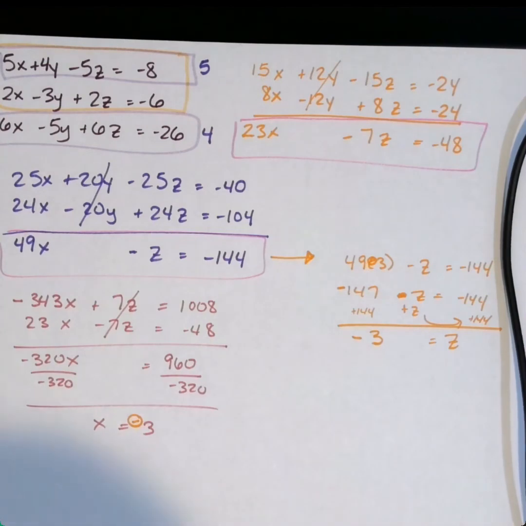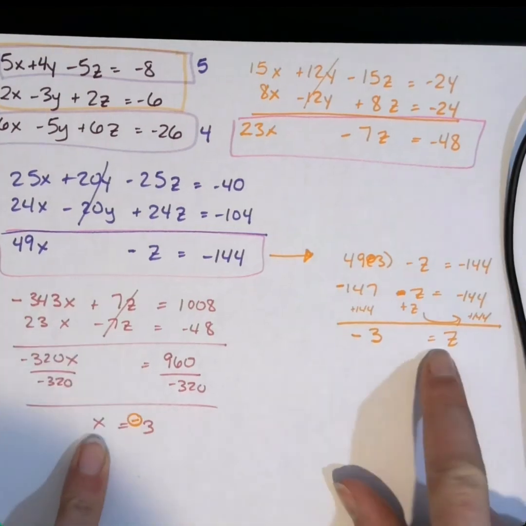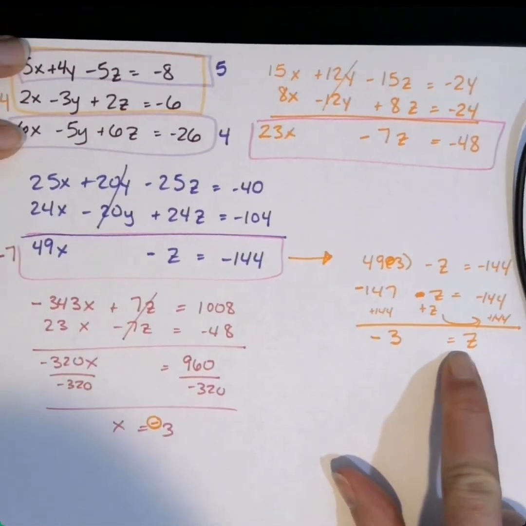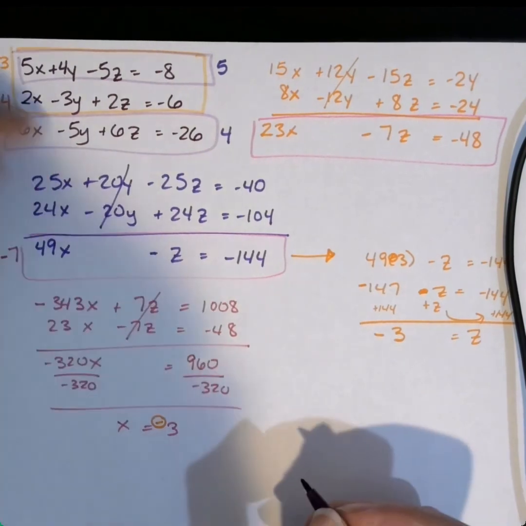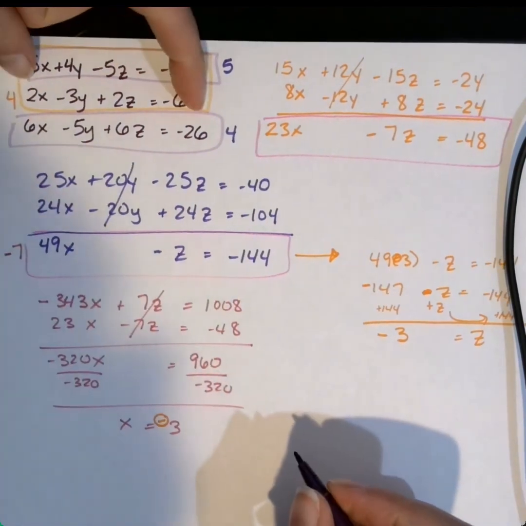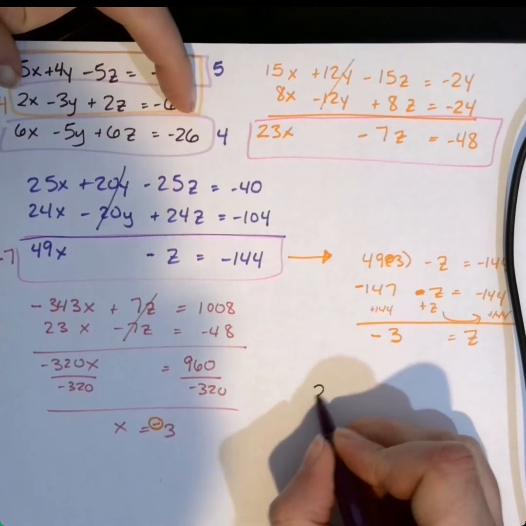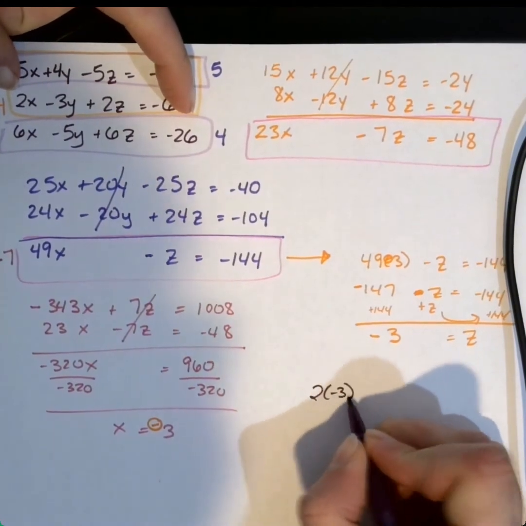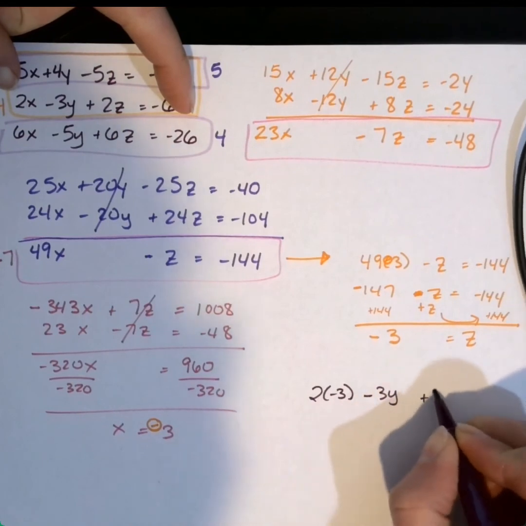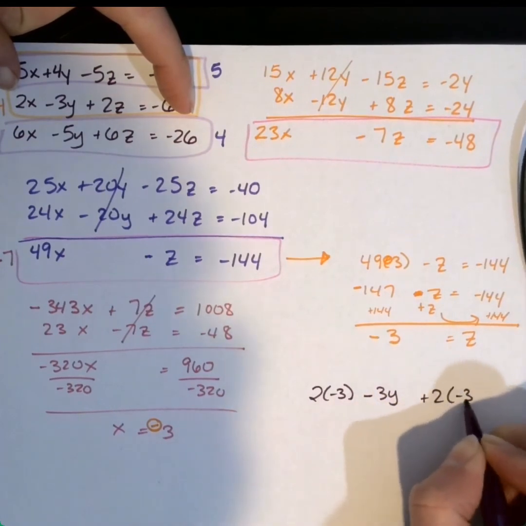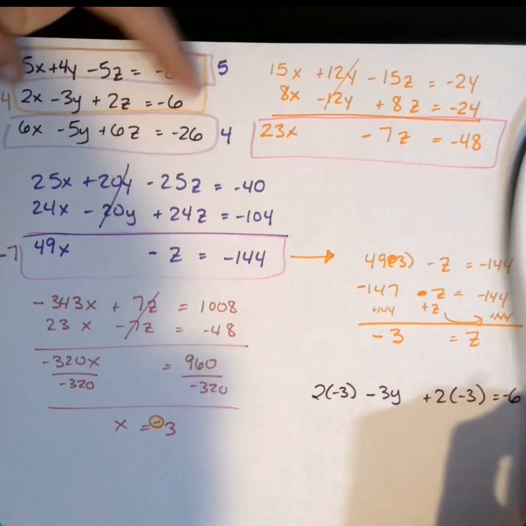All right, so I've got the x value, the z value. We're going to go back into one of the original equations to find the y value. I'm going to go with that middle one just because the numbers seem to be the smallest. So 2 times x, which is negative 3, minus 3y, plus 2 times z, which is negative 3, equals negative 6.